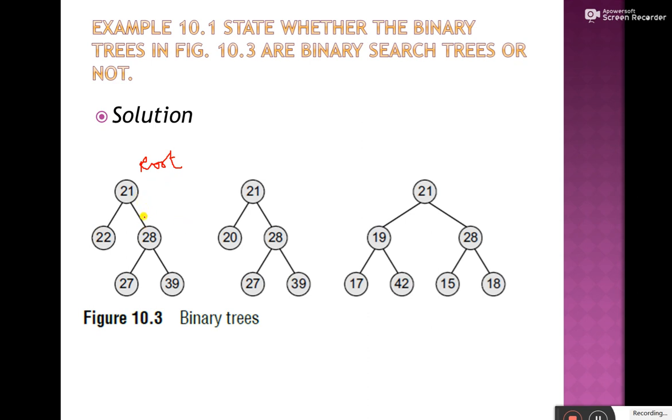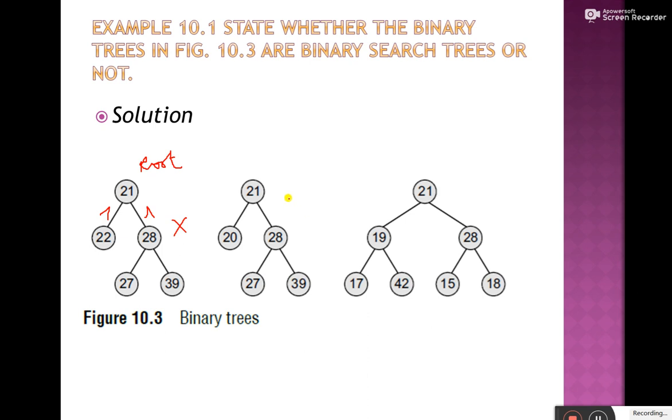Now, 28 is greater than 21, but 22 is not less than 21, means it is violating the rule of a binary search tree. Here 22 is also greater than 21, means the left subtree is greater than the root node. So this is not a binary search tree.